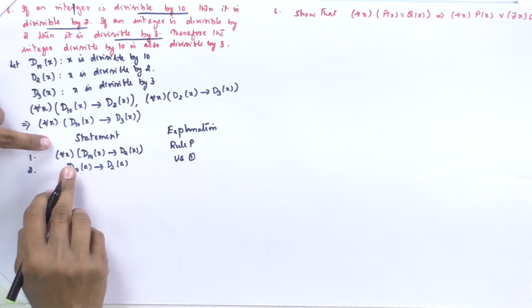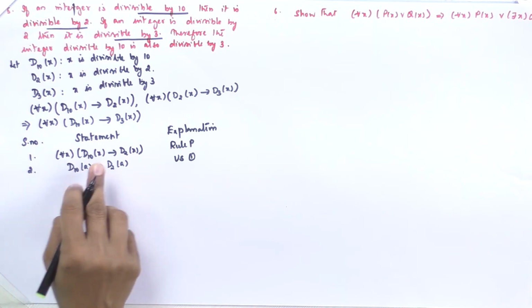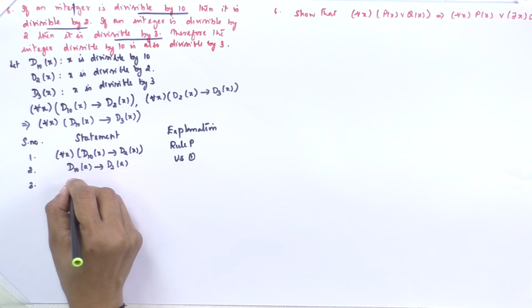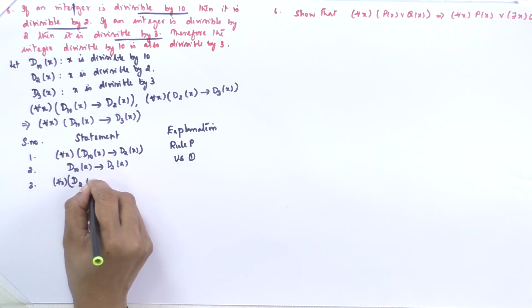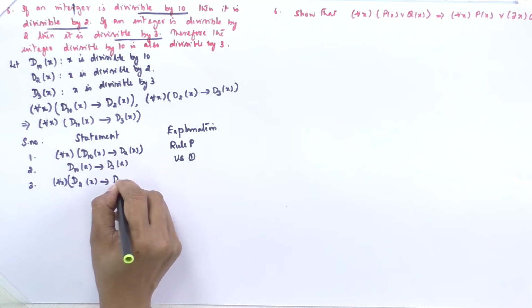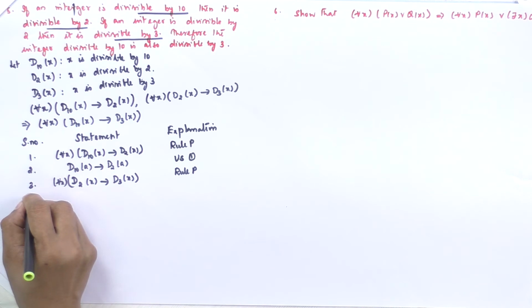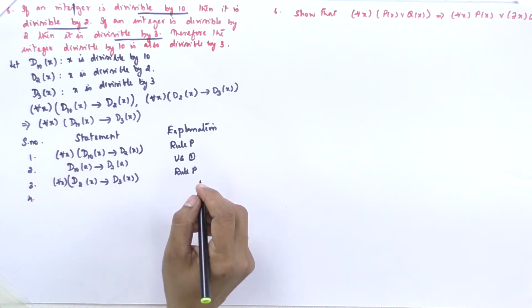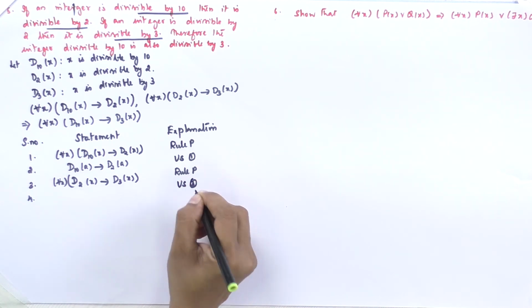Which means that I am pointing out a specific variable or specific term as A. Then we will have to take for all x, D2 of x conditional D3 of x, that is rule P. Next, again we will have to remove the universal quantification symbol, so it should be US on 3 again.